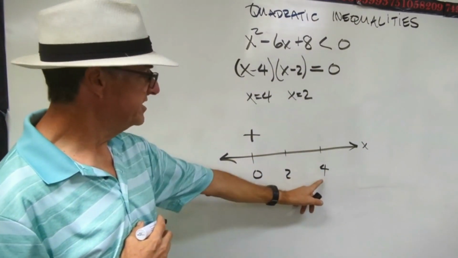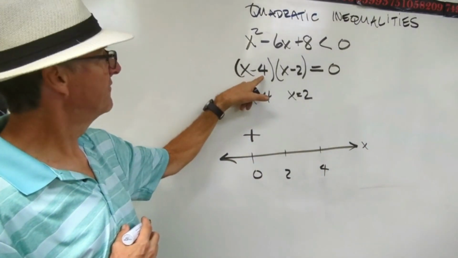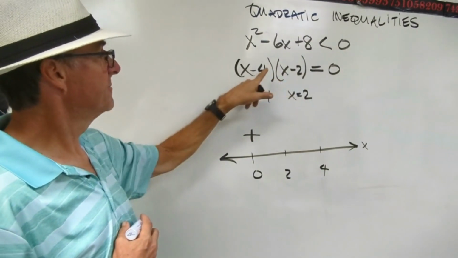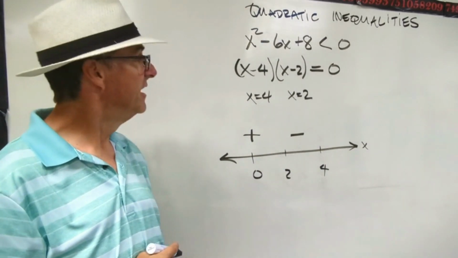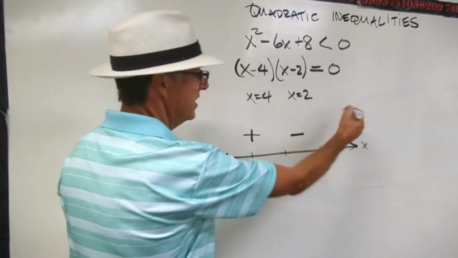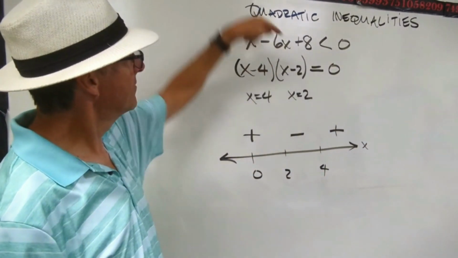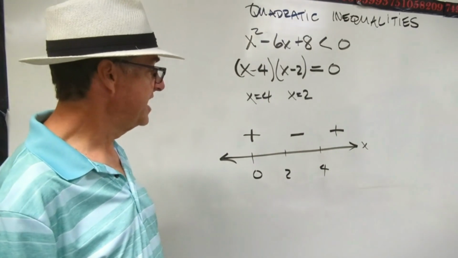How about in between these two values? Let's try 3. 3 minus 4 is negative 1, but 3 minus 2 is positive 1. So this is going to be a positive times a negative, so the function is going to be negative there. And if you do the same analysis, when x is greater than 4, the function is positive. Now, if you find it easier, you can plug your value of x into here to evaluate where it's positive and where it's negative.